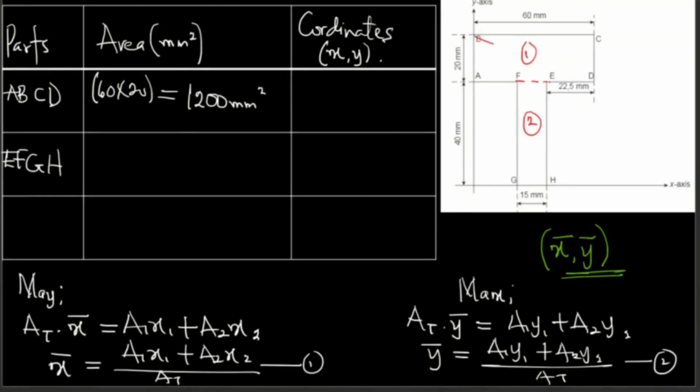X and y. We draw. If you don't want to draw, you can just take the x coordinate of that section: you measure from the y-axis to the middle there. That is 60, that should be 30.